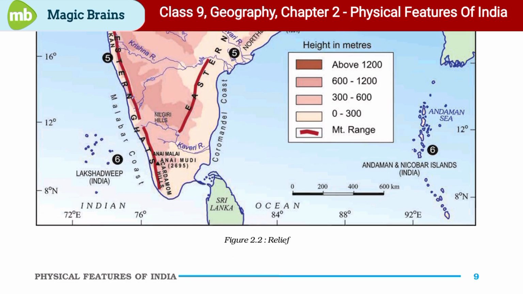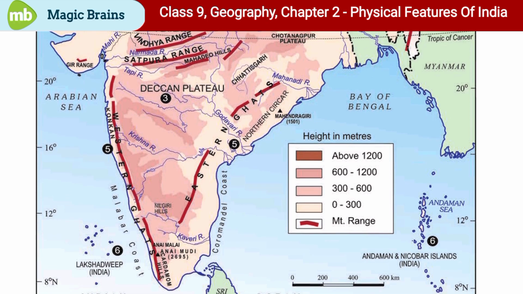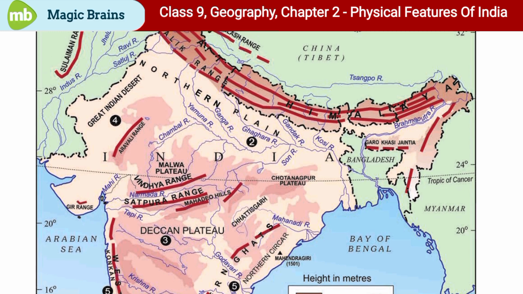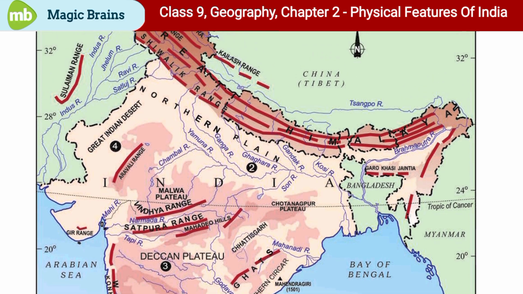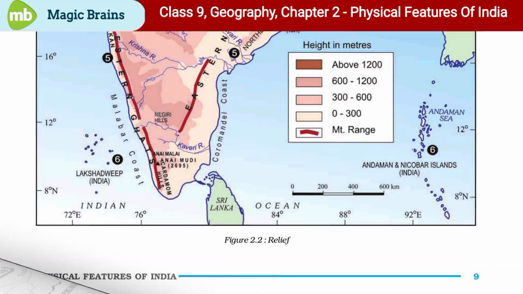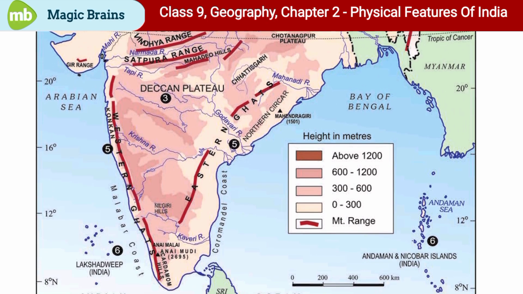Page 10. Given here is a relief map of India which shows the mountain ranges all over the country, and it also shows its altitudinal succession. This choropleth map shows the different shades showing the altitudes from 0 to 300 meters, 300 to 600 meters, 600 to 1200 meters, and 1200 meters and above.